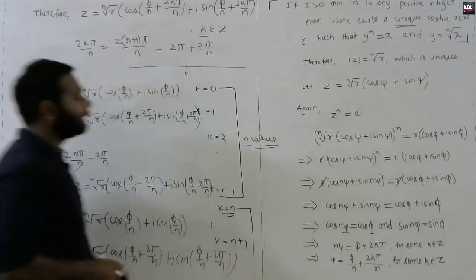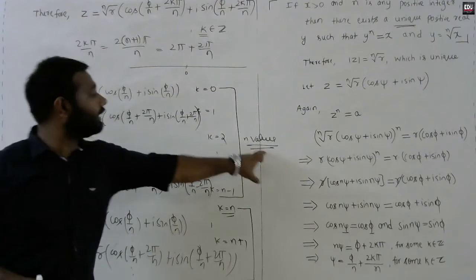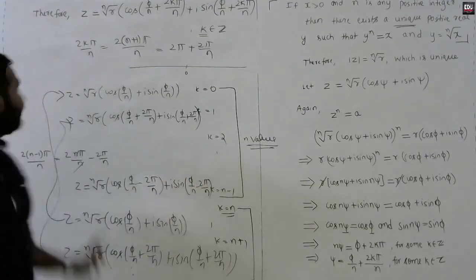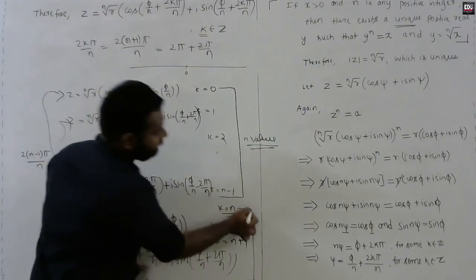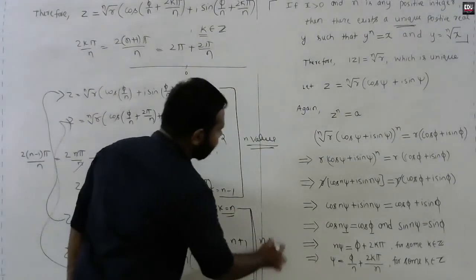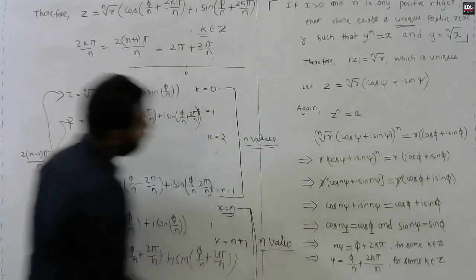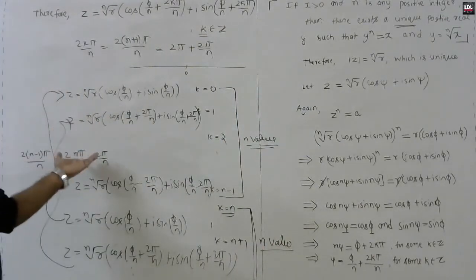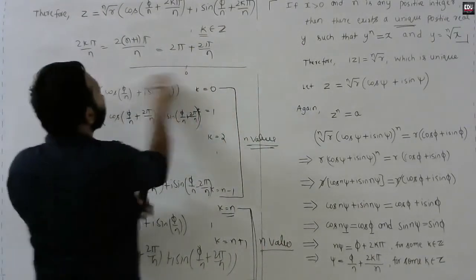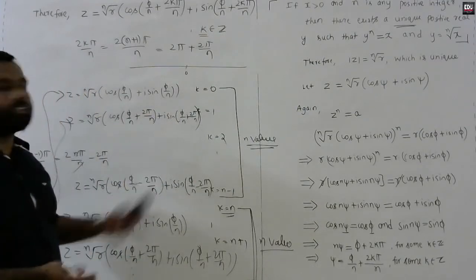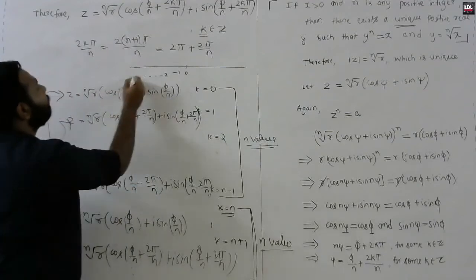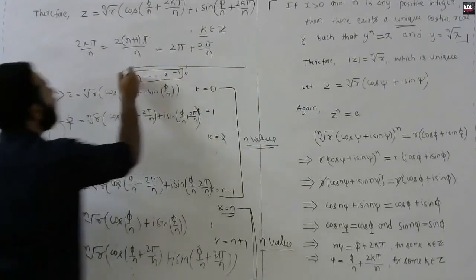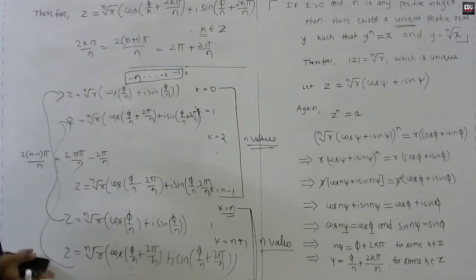So for a set of n consecutive values, you will get distinct values for z. But for the next set of n consecutive values, you will get the same values. And it is true for negative values also. You can check it with negative values minus 1, minus 2, and so on. Up to minus n, you will get the same set of values.